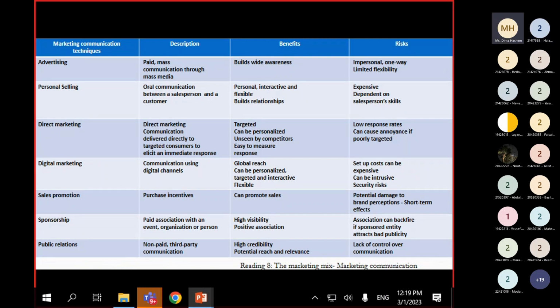Now, the second communication technique is called personal selling. What does personal selling mean? Anyone? We have a salesperson and a consumer. Yes. I have a communication between them, oral or written communication.